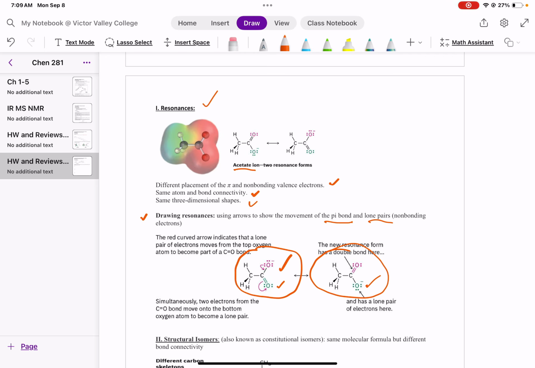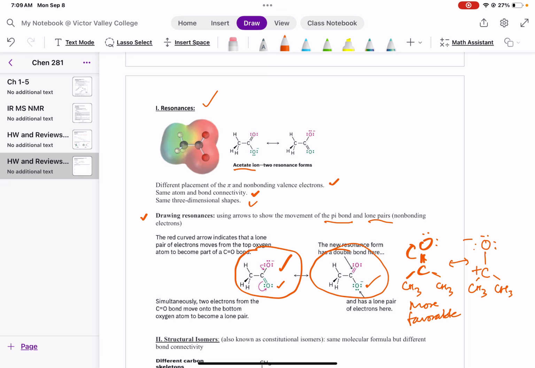But if you have a C double bond O, CH3 and CH3, and you move the pi bond to make a lone pair on the oxygen that makes it negative, and the carbon missing a bond becomes positive. In this case, the first resonance is more favorable because it's neutral.